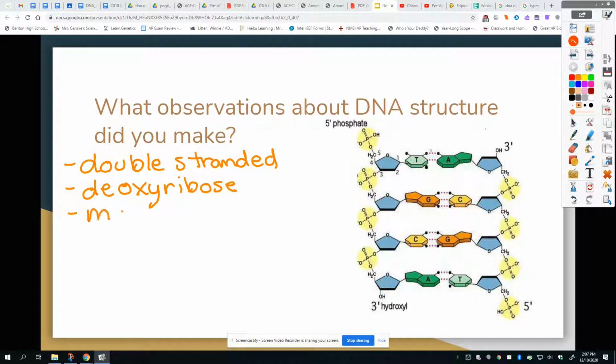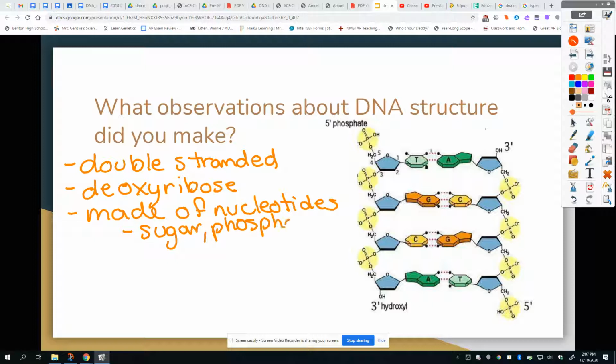It's made of nucleotides. And nucleotides have 3 parts: a sugar, a phosphate, and a base.